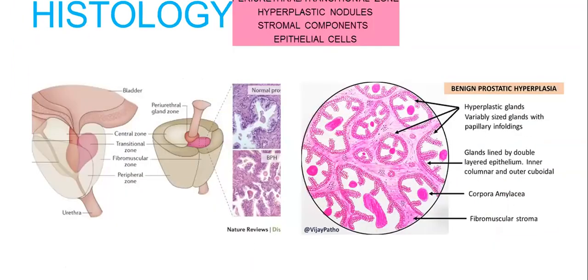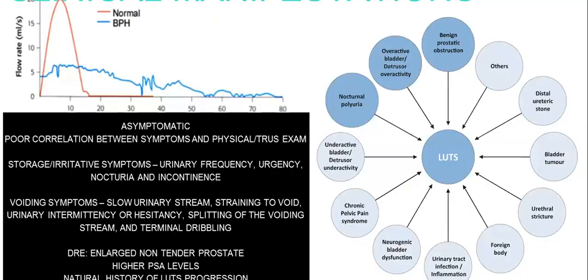So moving on to the histology, BPH develops primarily in the periurethral and some central transitional zones of the prostate, and the hyperplastic BPH nodules are comprised primarily of stromal components and to a lesser degree of epithelial cells. Patients with BPH often present with asymptomatic LUTS.